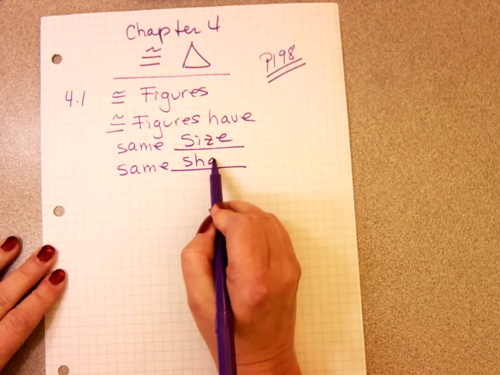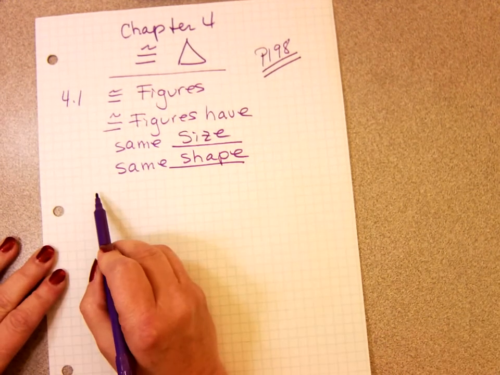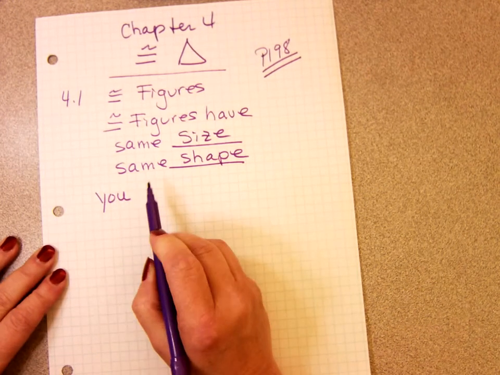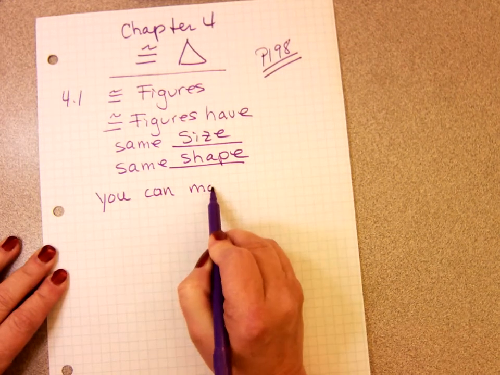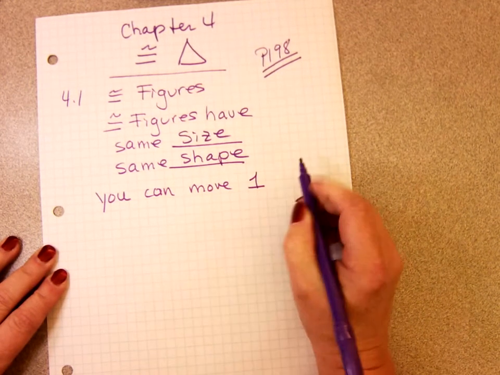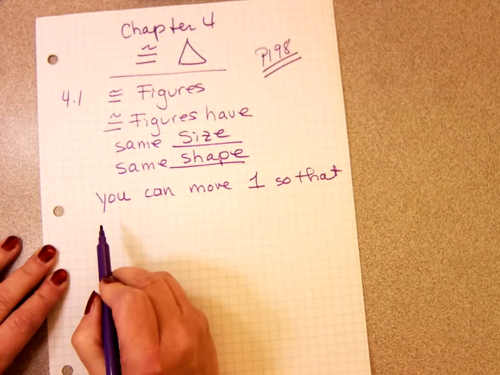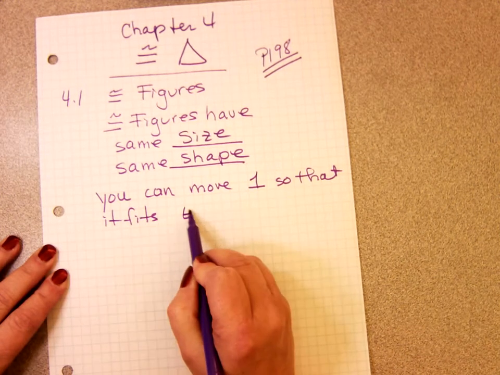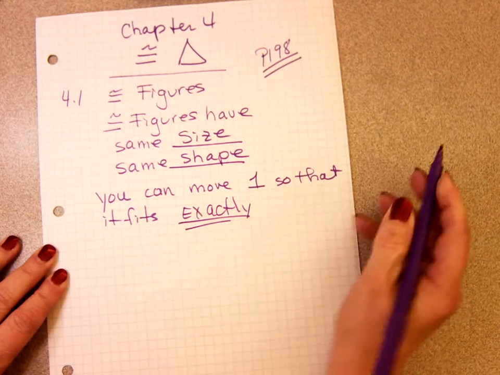Thank you, Peter. So if you have two figures and they are congruent, that means you can move one of them so that it fits exactly on top of the other.